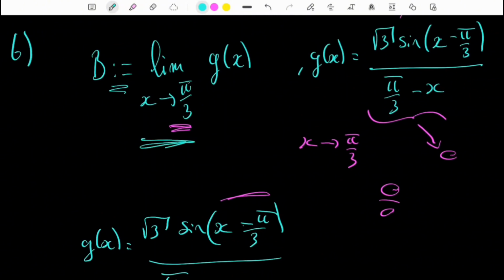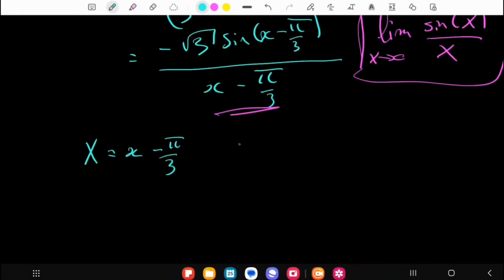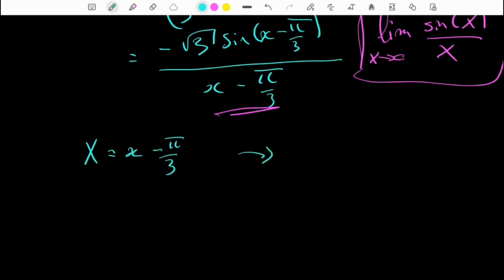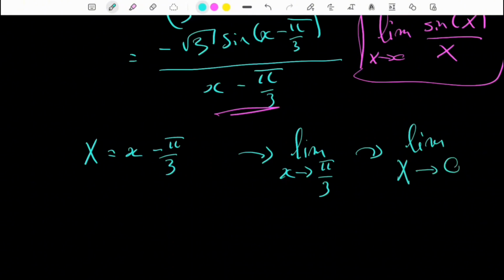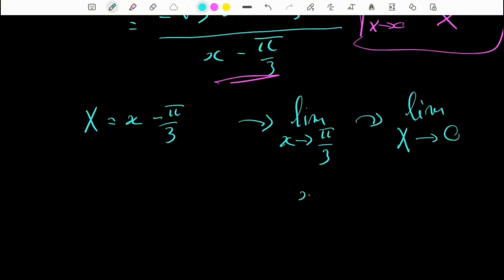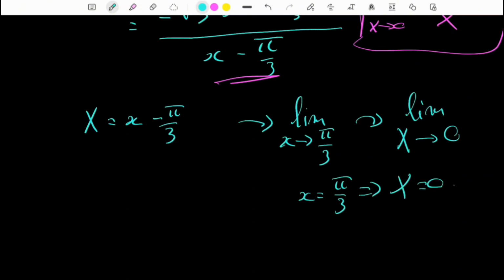The limit when x tends to pi over 3 will become the limit when capital X tends to 0, because little x equal to pi over 3 implies capital X is equal to 0.